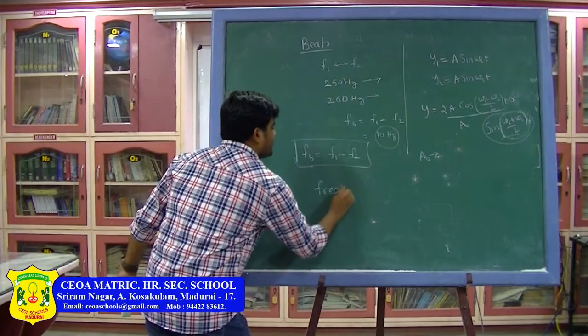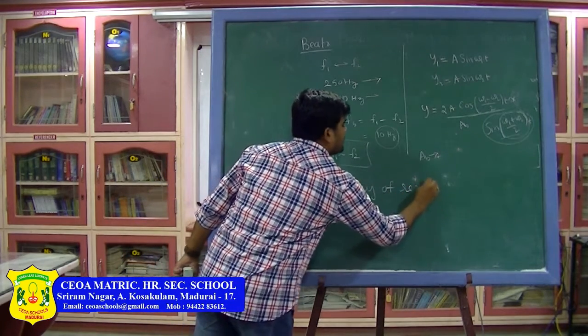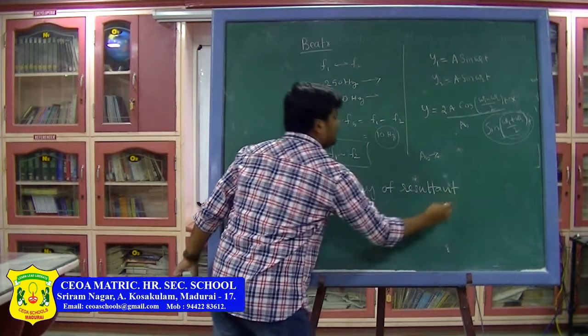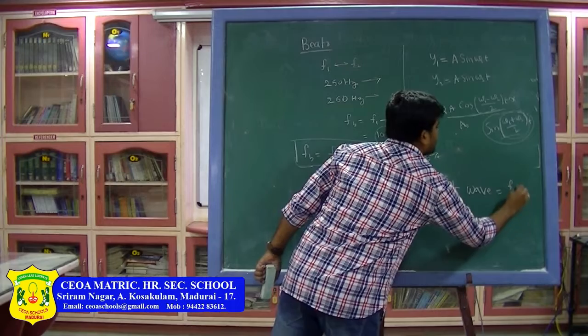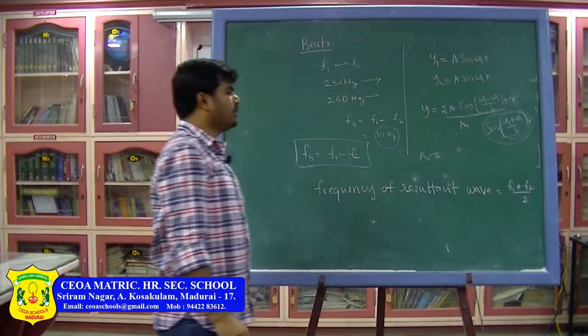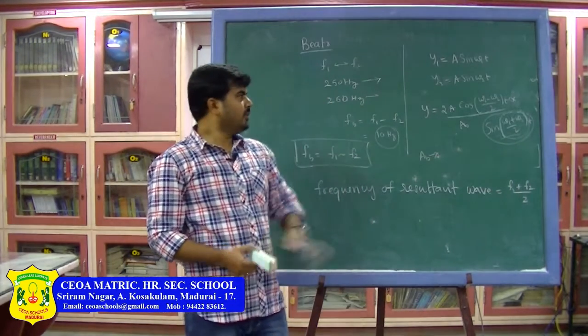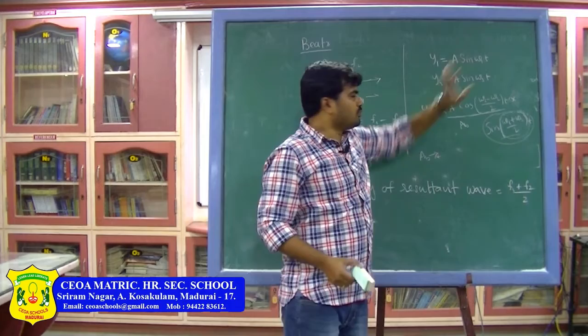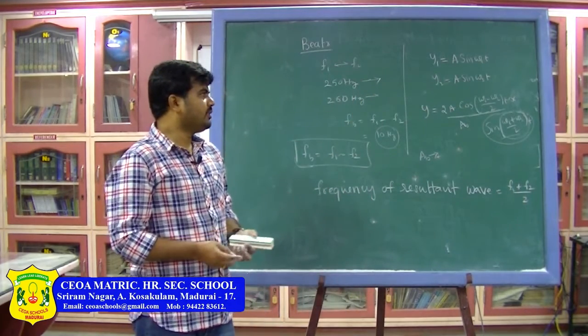So, I will write here: frequency of resultant wave is equal to (f1 plus f2) by 2. If I simplify omega 1 plus omega 2 by 2, I get (f1 plus f2) by 2, which is the frequency of the resultant wave due to the superposition of these two waves, and the amplitude will vary.